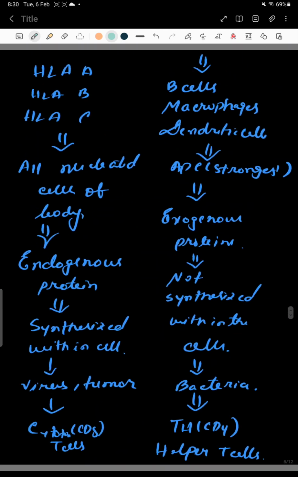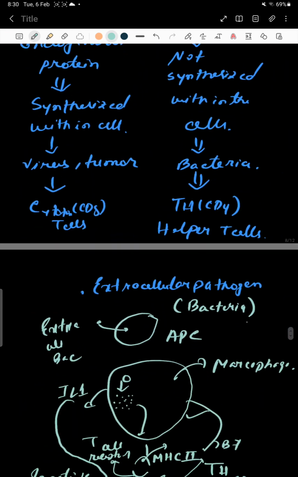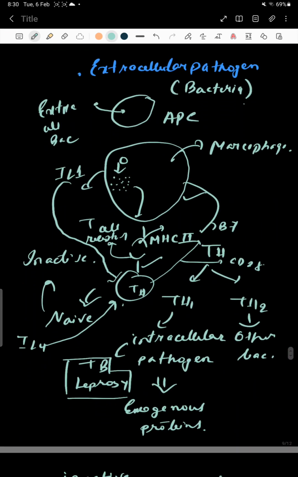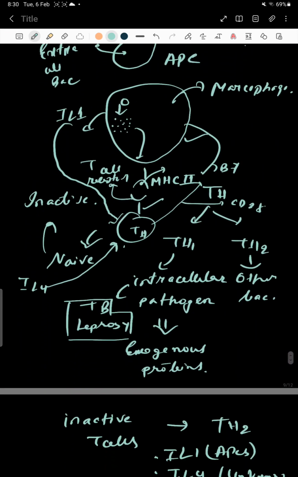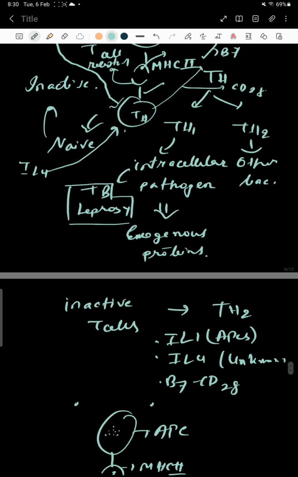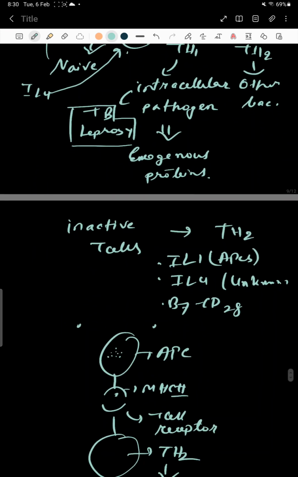You can see from here that Th1 cells are responsible for intracellular pathogens like tuberculosis and leprosy, and the exogenous proteins. Because the T helper cell is connected to MHC2, it has to be an exogenous protein.